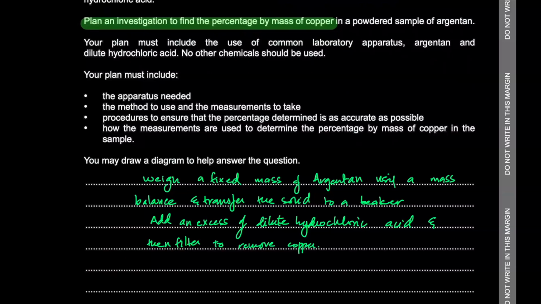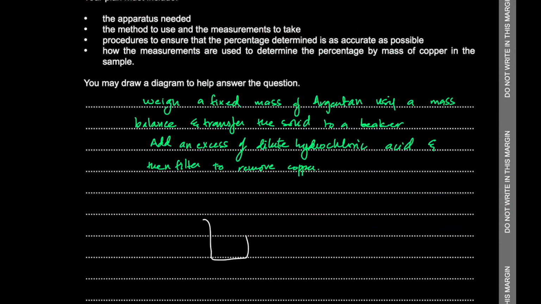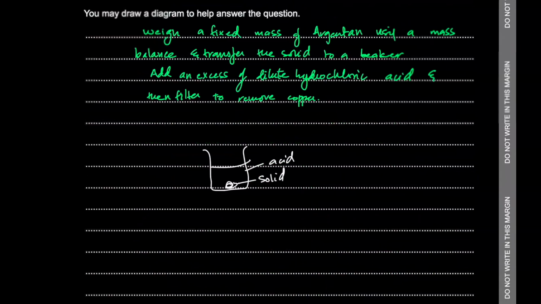Again, let me explain what we're doing here. We're taking a beaker, we have the solid, and we have the acid. We're reacting the solid with an excess of acid, so whatever does react in the solid, like nickel and zinc, completely reacts. Then we filter. The filtrate is the solution.